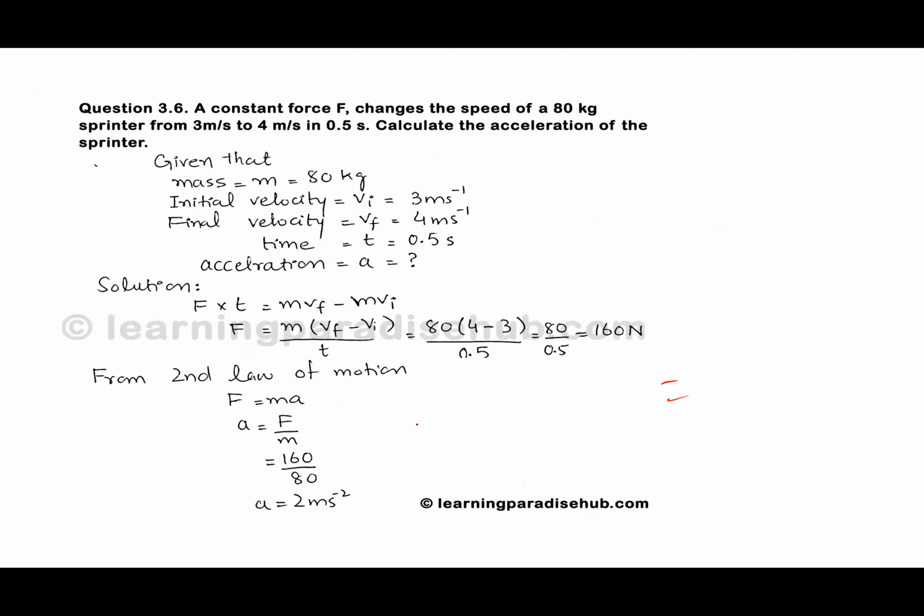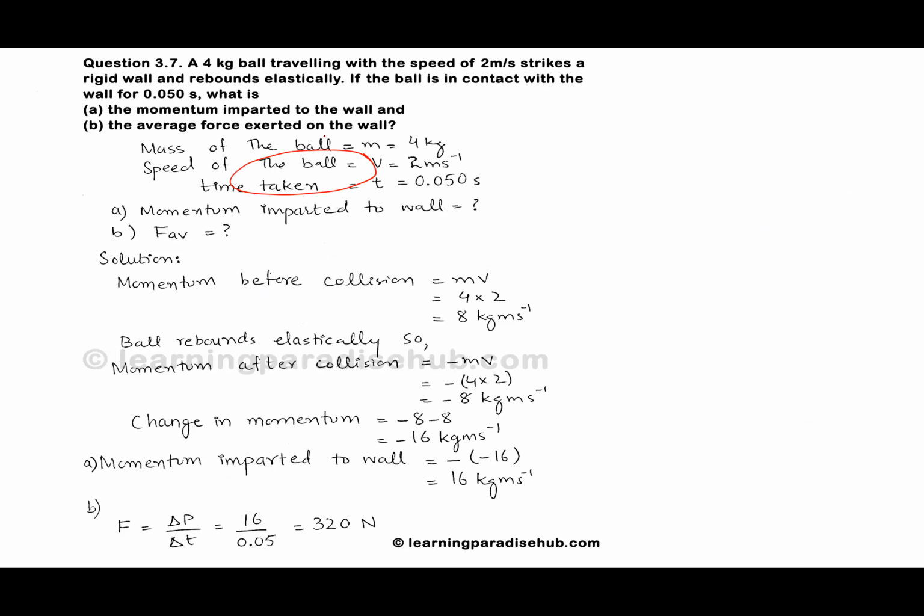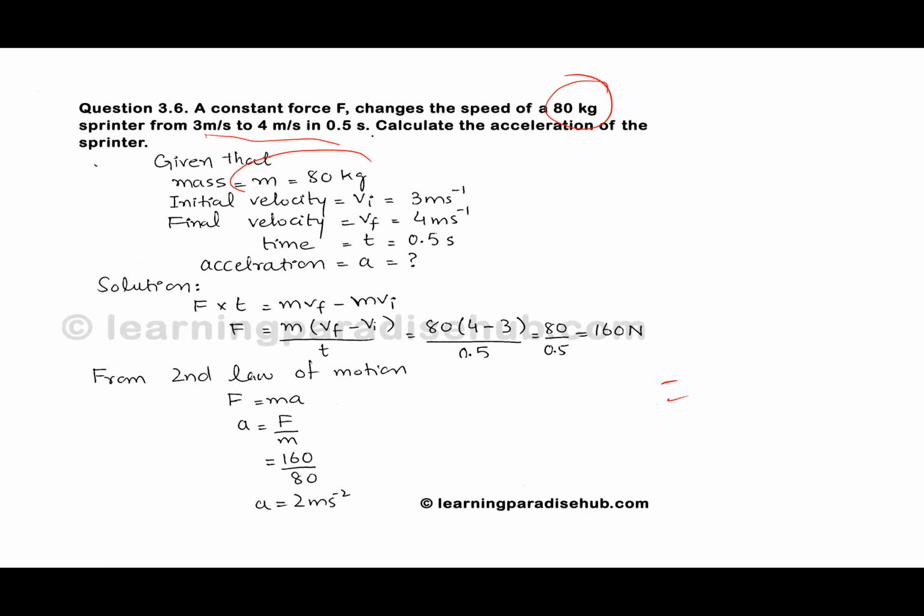Now 3.6, a constant force changes the speed of an 80 kilogram sprinter from 3 meter per second to this. This is the mass written here. This is initial velocity, final velocity, timing is this one, find acceleration.